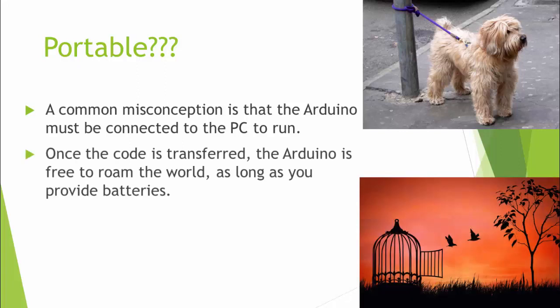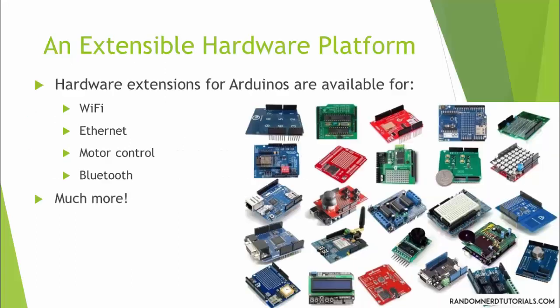And nothing could be further from the truth. In fact, as soon as you've created your code, the Arduino can execute that code, read inputs, create outputs as you need it to, without being connected to any kind of other processing power. The only thing you have to do is provide it with batteries.